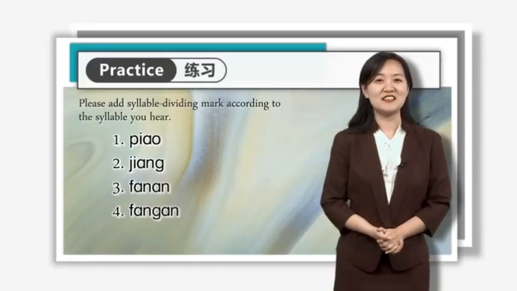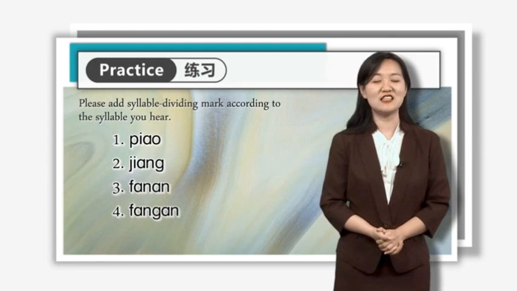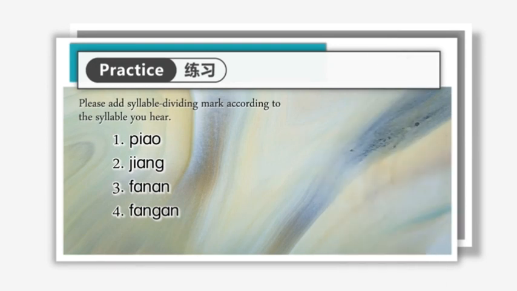Now please add the syllable dividing mark according to the syllable you hear. 1. 皮袄 2. 激昂 3. 翻案 4. 方案 Good job!